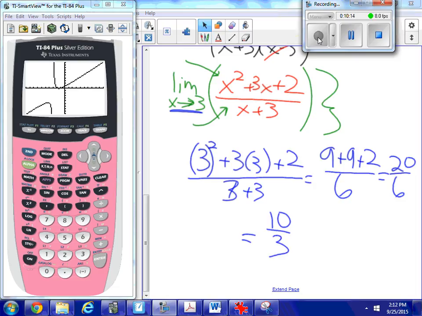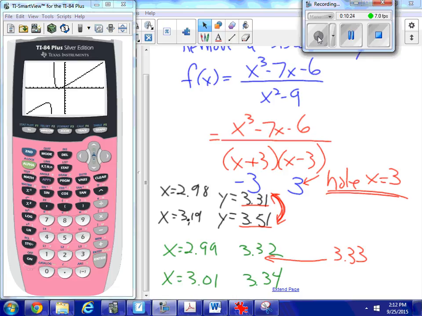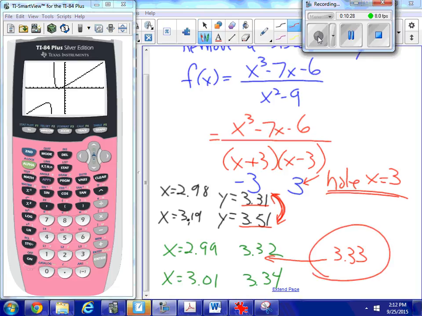The decimal approximation for 10/3 is 3.333, which is exactly what we had approximated using our table and our calculator earlier.